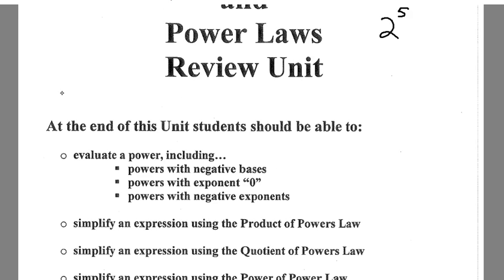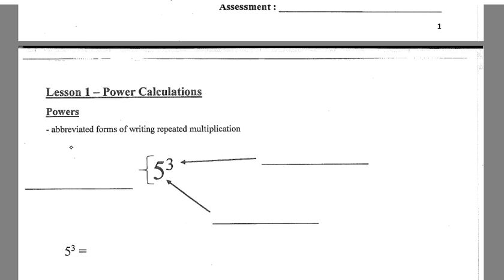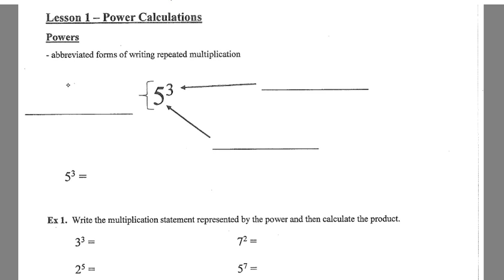But before we actually start working with the exponent laws, let's refresh our memory as to exactly what powers are and how we can calculate it. So page 2 of the booklet. Powers, first of all, this entire thing, the 5 exponent 3 altogether, that's a power. An exponent base combination.